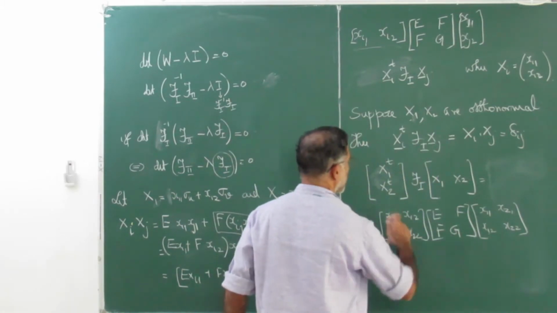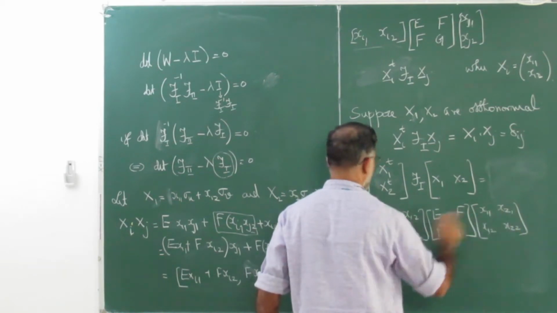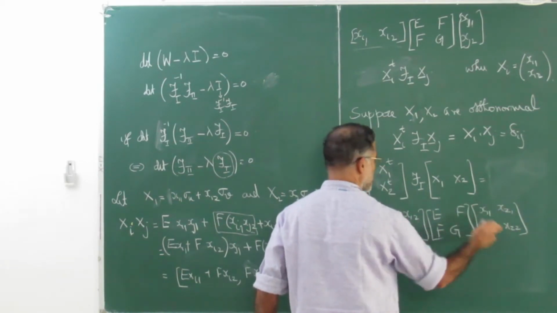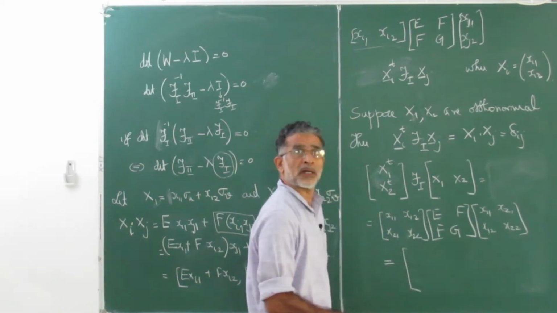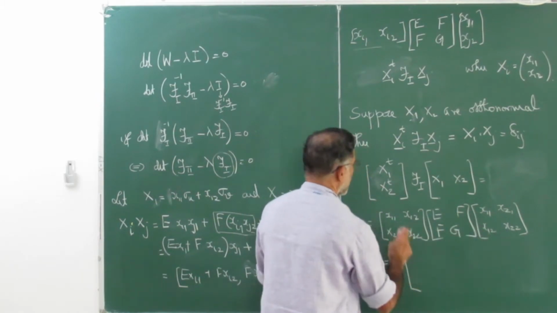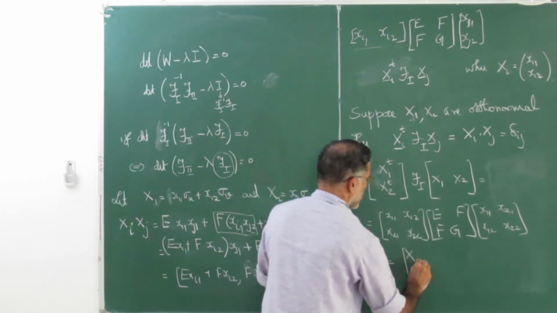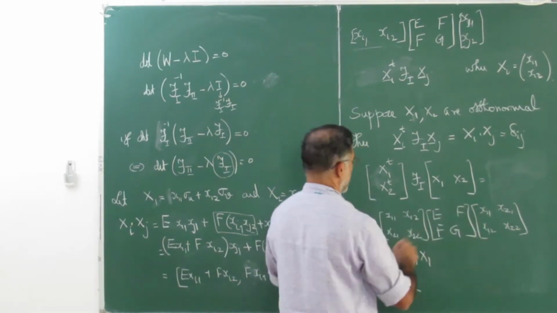Now if you multiply this matrix into this, the matrix into this, the matrix into this, the matrix into this, you are going to get 4 numbers. This into the matrix into this, that is x1 dot x1, because this is the same vector.